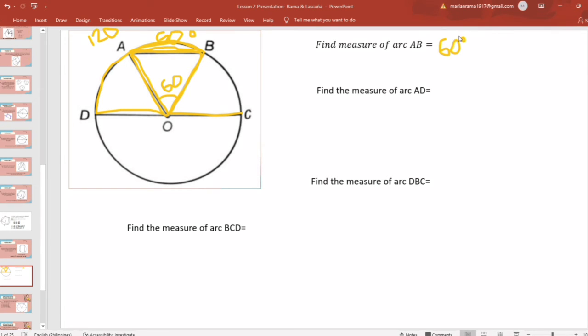Next, we have to find the measure of arc AD.